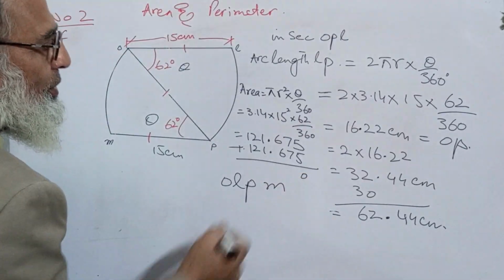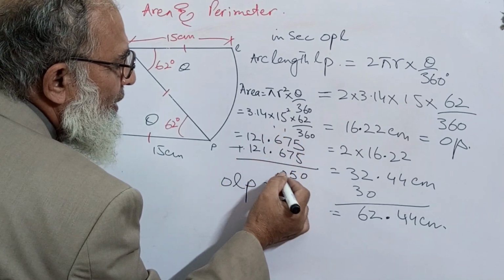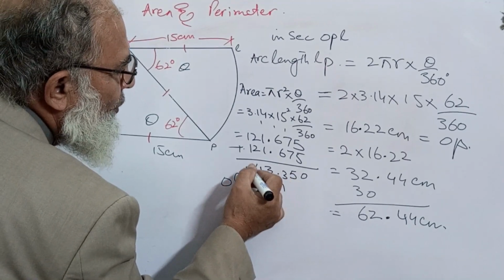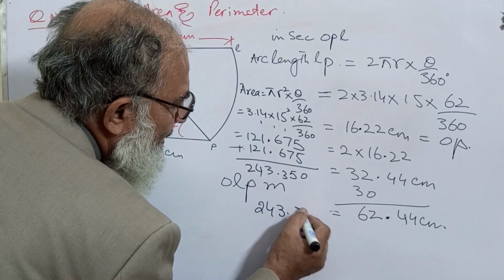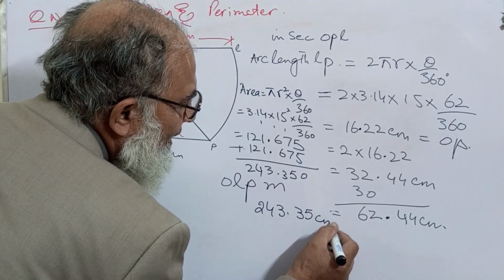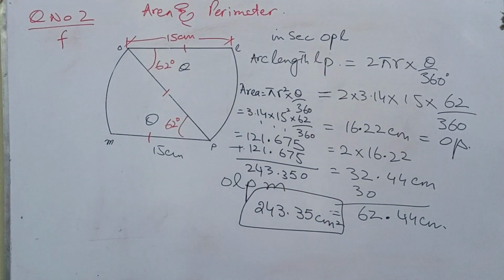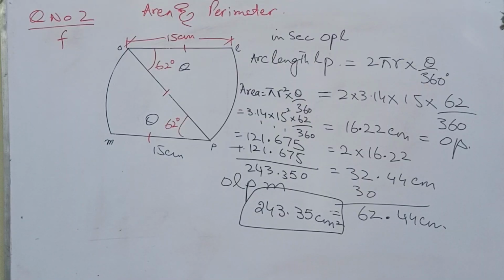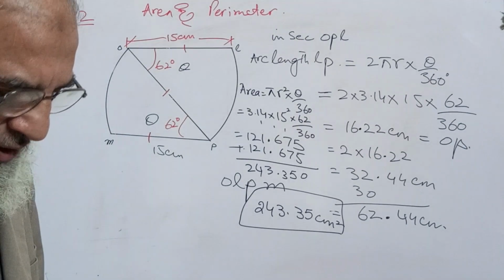So it will come to 243.35 centimeters square, which is the area of this whole figure. I think it is good enough for you, because I have to vet this lecture also.